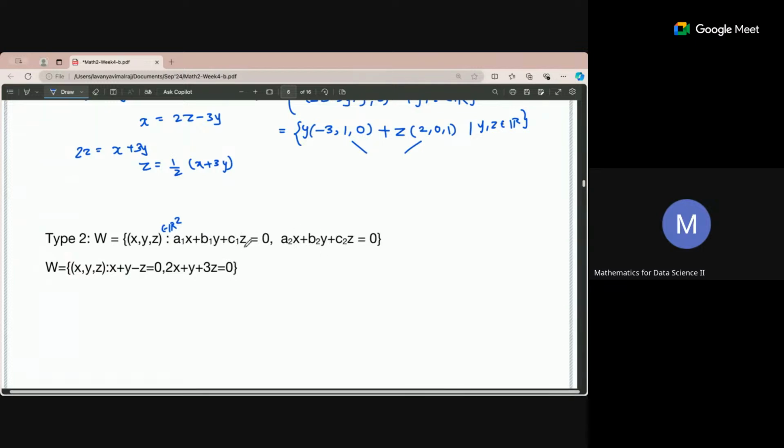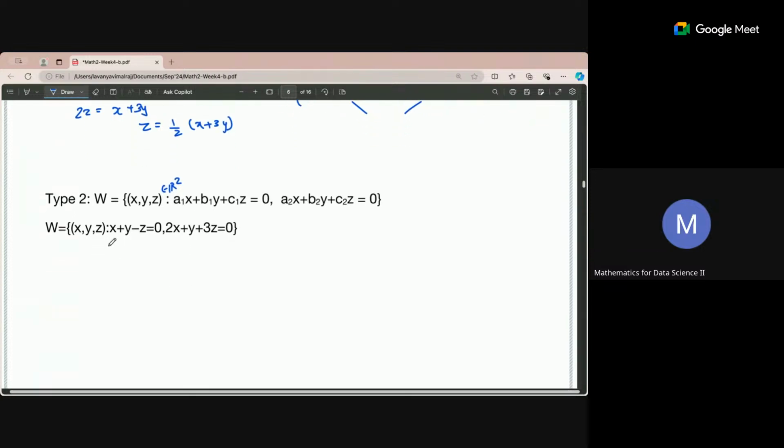You have to solve this system to understand what the required basis is. For example, take x plus y minus z equal to 0 and 2x plus y plus 3z equal to 0. Let me call the first equation number 1 and this equation number 2.